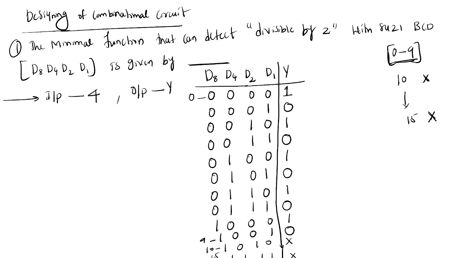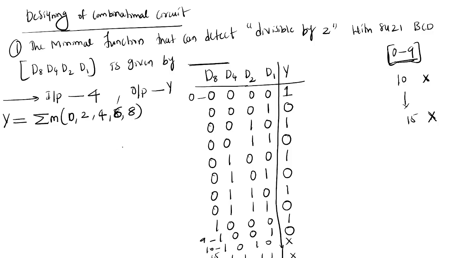So by seeing this truth table, the minterms are summation of m of 0, 2, 4, 6 and 8.